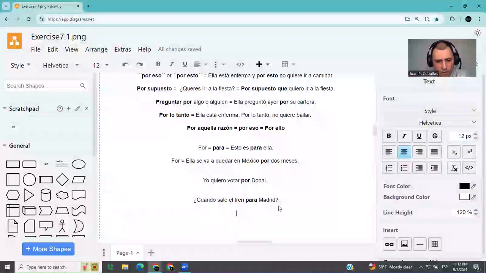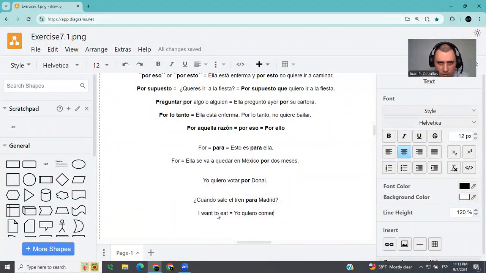For example, I want to eat. No, in Spanish it will be yo quiero comer. So in English you have 1, 2, 3, 4 words. In Spanish we only have 3. The reason here is that to, in this case, is an auxiliary word that is helping this verb.